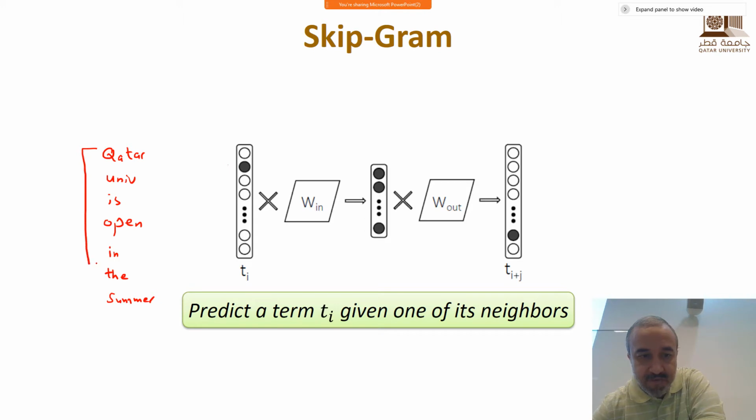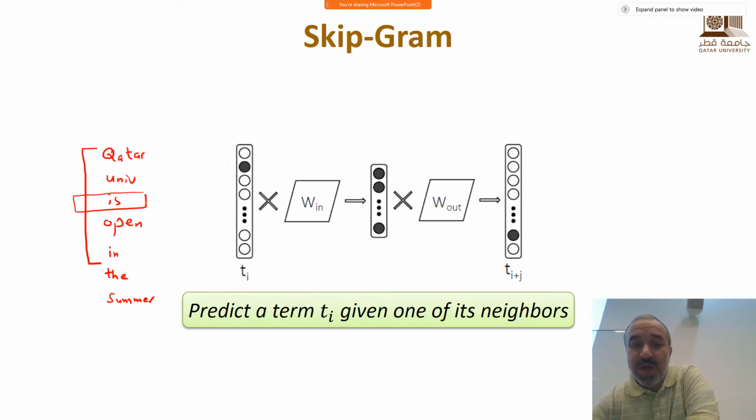So this is the 5 words. We'll take the middle one, which is "is". Okay? Forget about stop words now. Let's assume that none of them are stop words, we are not removing stop words.